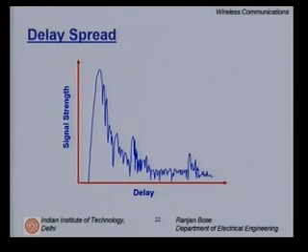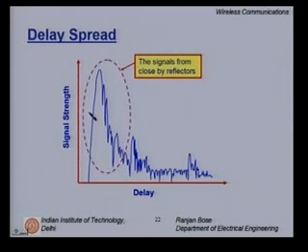Now, clearly this is not what I sent. I sent a narrow pulse, and what I receive is a very spread out, funny looking shape. And then I have ups and downs, several pulses, and some other interesting shapes here. Now, look at the first mountain. Clearly, these signals are coming from close by reflectors.